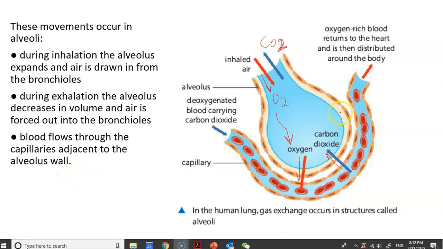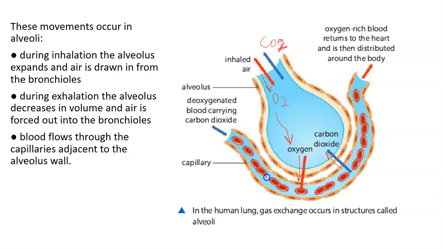Another important thing is the result of this inhalation and exhalation in your blood cells. Once the blood cells are carried by capillaries, they get the oxygen and release the carbon dioxide.